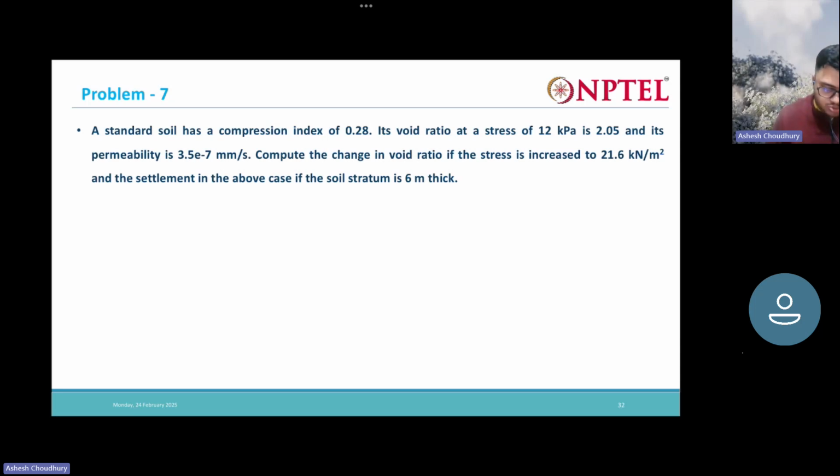So you need to find two things: the change in void ratio due to the increase in stress, and the consolidation settlement. Okay, so try to do this.